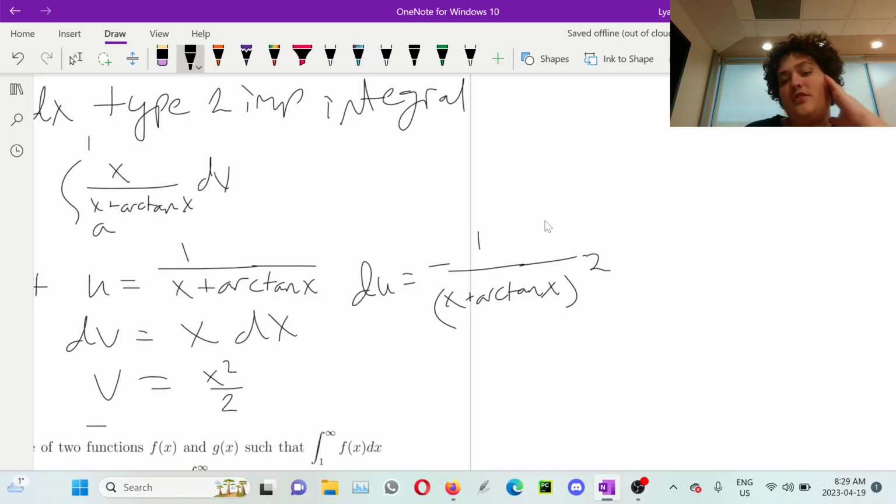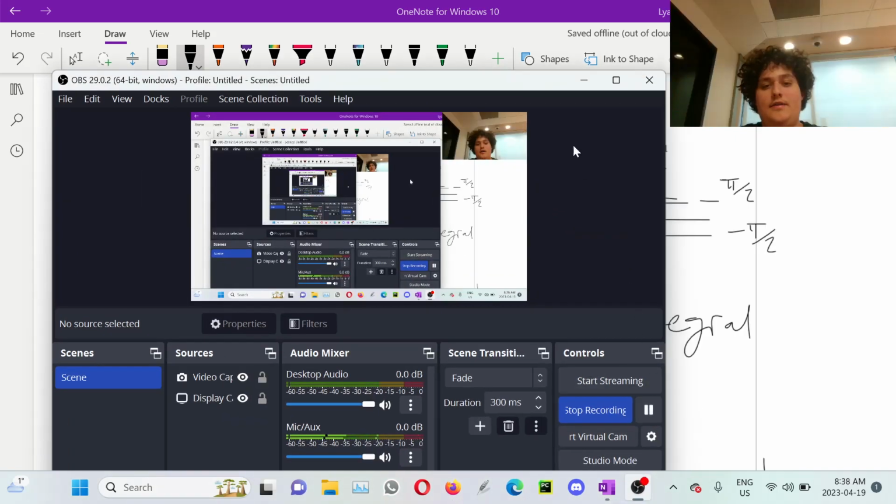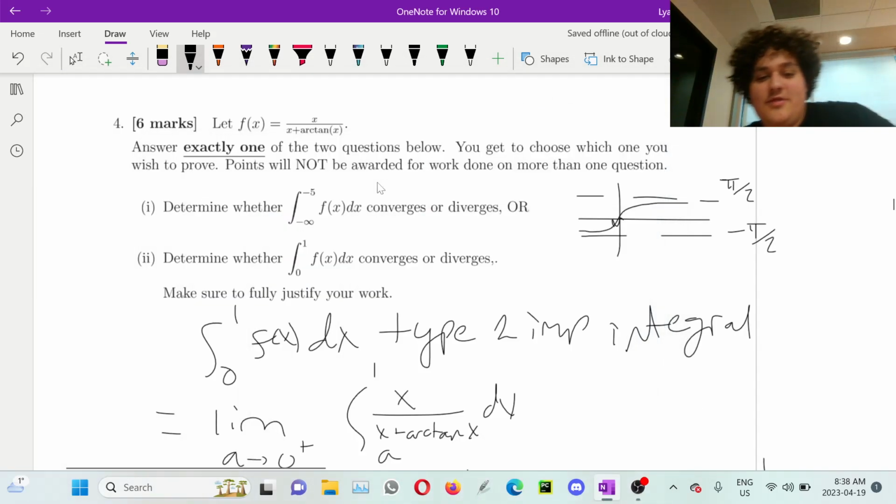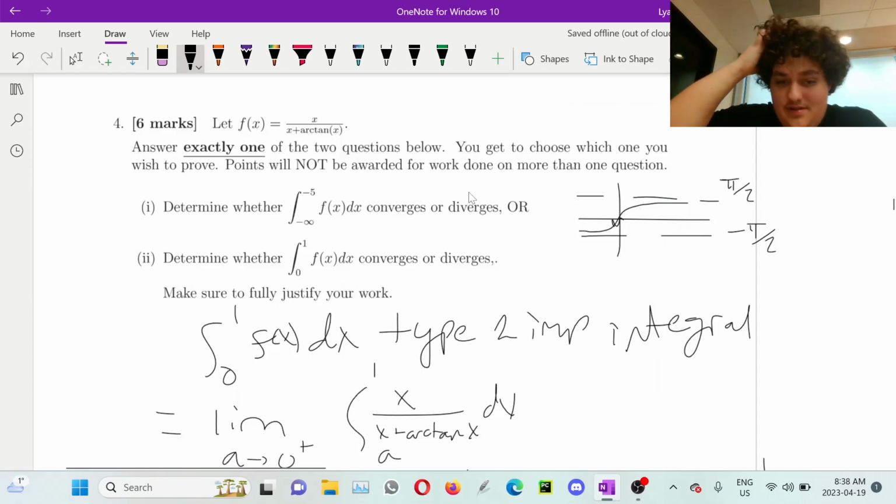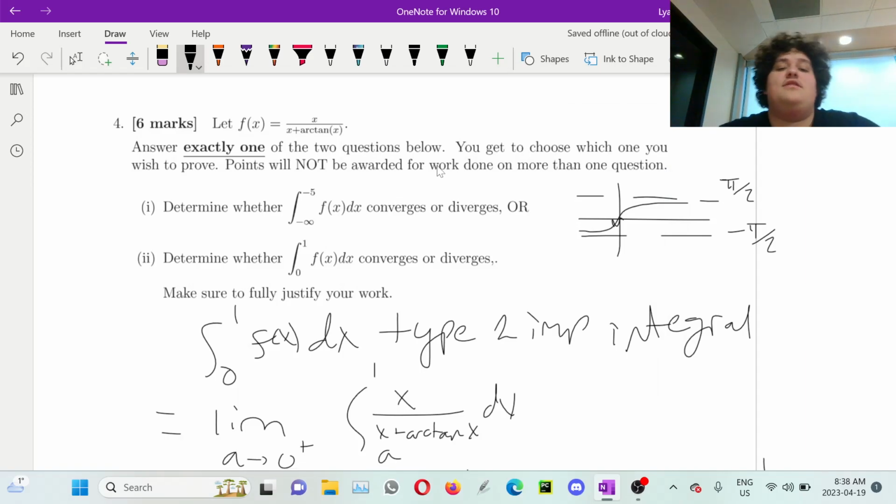I am making it too complicated. One sec, I'll be right back. Yeah, so I just realized the question asked if it converges or diverges, not what it is. So I just wasted my time for no reason, but okay.